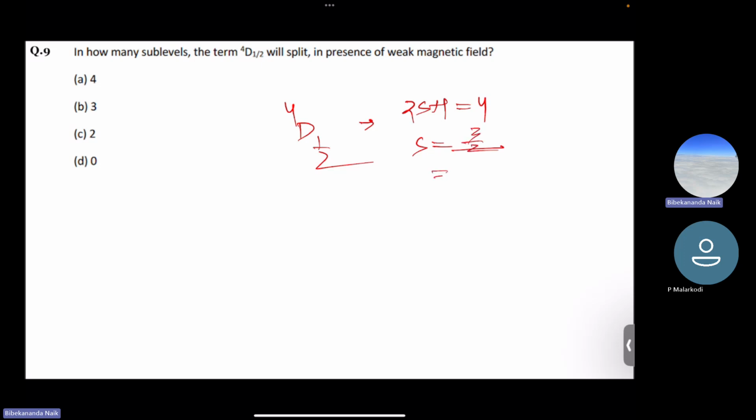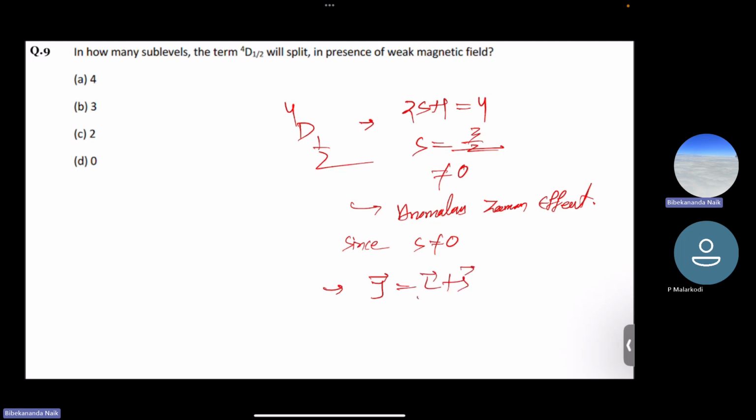So here s is not equal to 0. So this is the case of the anomalous Zeeman effect. In the anomalous Zeeman effect, since S is not equal to 0, we have the J vector, which is the L vector plus the S vector.